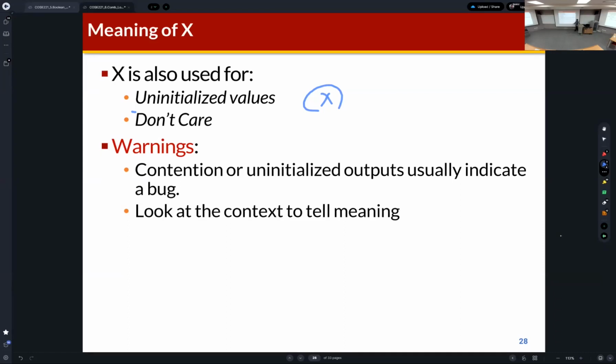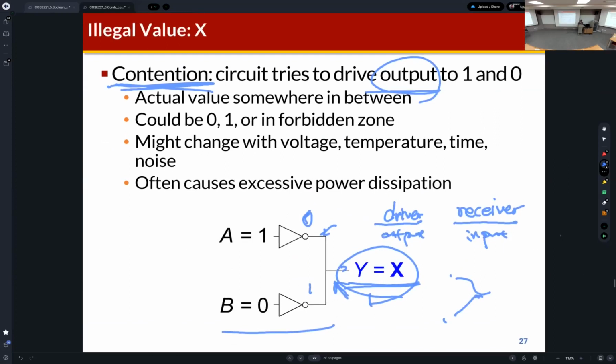X may represent don't care, uninitialized value, or contention. But if you observe X in the circuit, like this logic gate, then it represents an illegal value, which means this is not a correct structure.